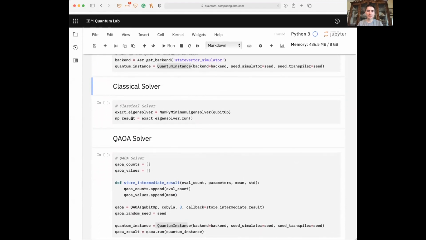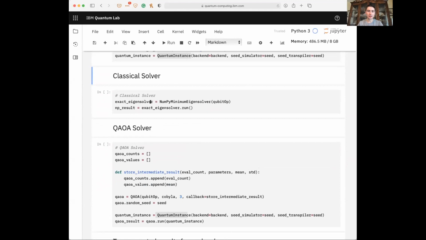Okay, and now we have two things that should again look familiar. We have a classical part and a quantum part. So the classical part is just going to be using this NumPy minimum eigensolver. Again, we don't really care what this is. It's using some built-in function of NumPy to do a classical optimization for us. So I'll go ahead and run this.